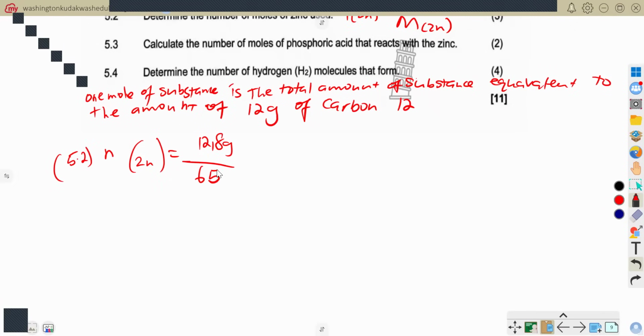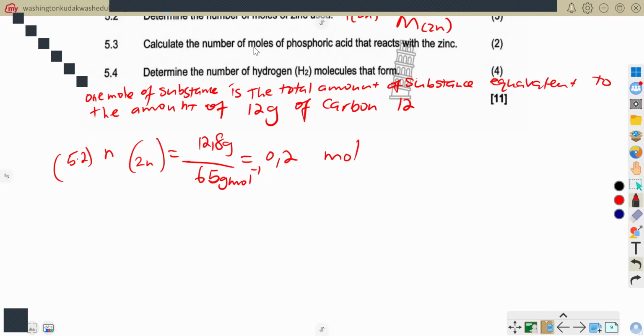If I punch in my calculator, this is gram per mole, so at the end of the day, the answer has to be mole. I'm finding 0.198 something, and then you round off, it will give you 0.2 mole. So that was the answer for 5.2.